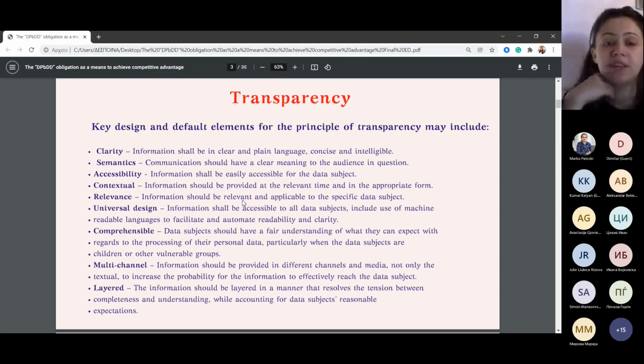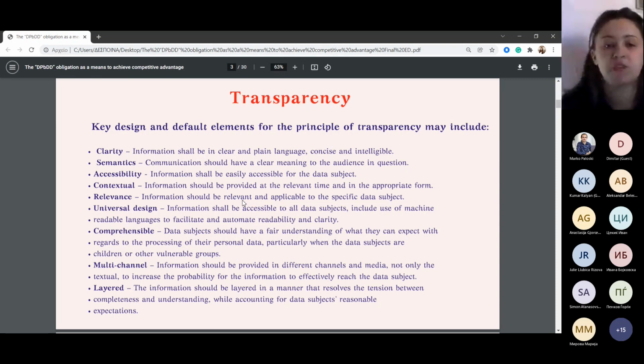Clarity, that means that information shall be clear and plain in language, concise and intelligible. Semantics, that means communication vis-a-vis the data subject should have a clear meaning to the audience in question. Accessibility, that means the information shall be easily accessible for the data subject.